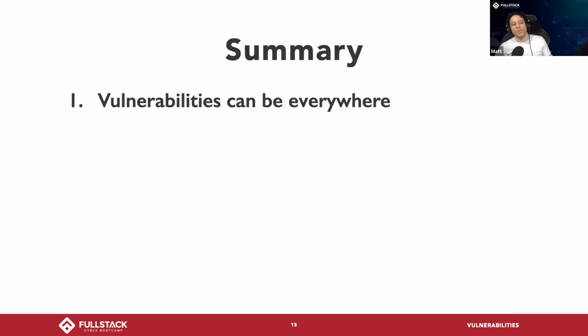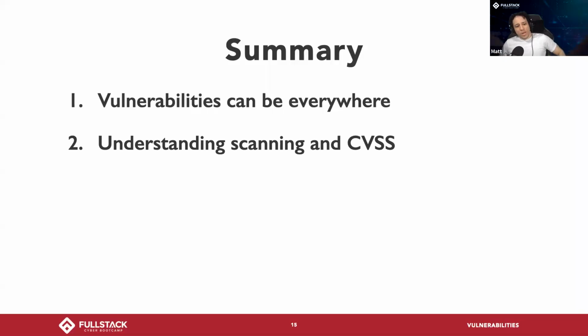So, in summary, what are we talking about? Vulnerabilities obviously everywhere, right? We talked about them in hardware, we talked about them in networks, in servers and applications, in IoT devices, in virtual machines, right? Vulnerabilities, they're all over the place, and we have to be aware of them. We understand a little bit more about scanning and CVSS, right? We know we're going to use some kind of software.